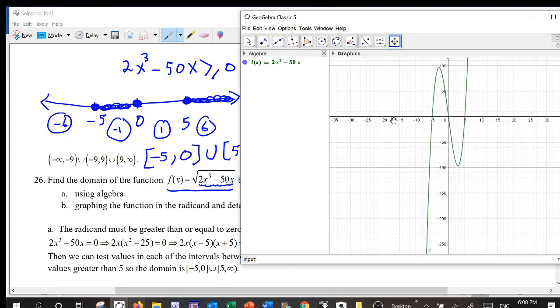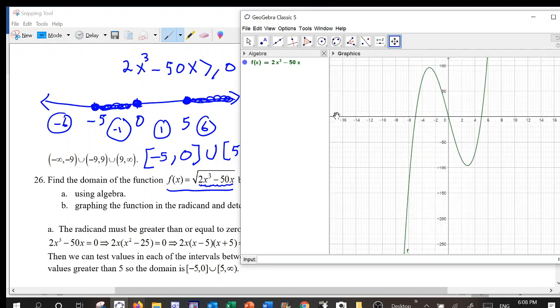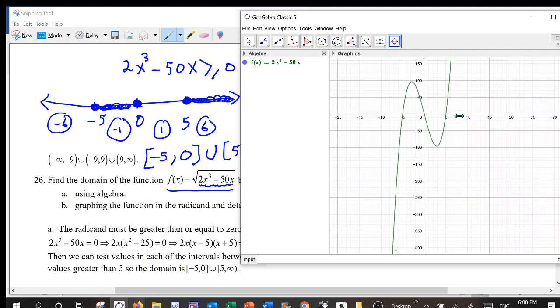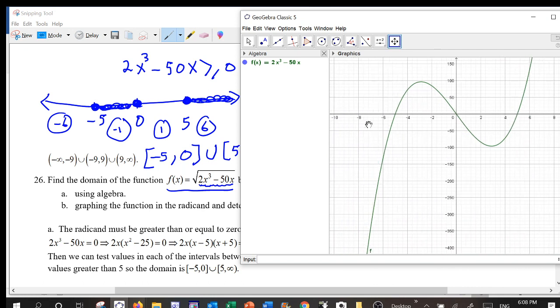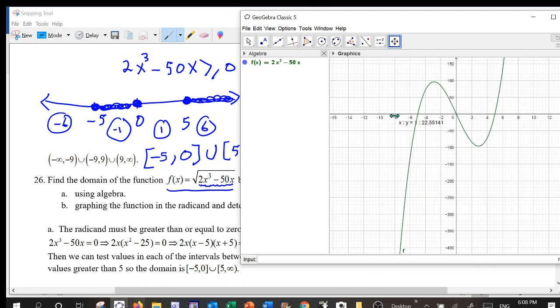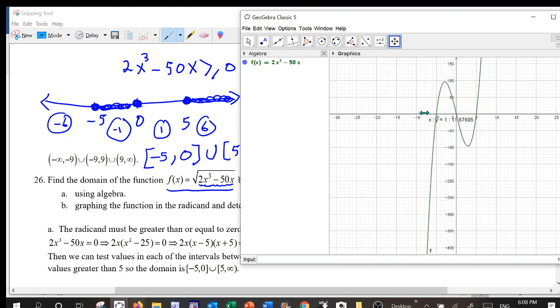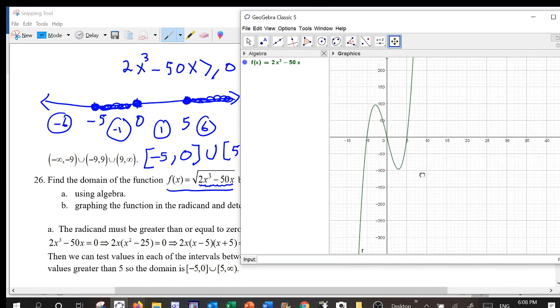So let me use this GeoGebra. So you see, that's what it looks like. And as you see here, let me make sure I have the 5 there.